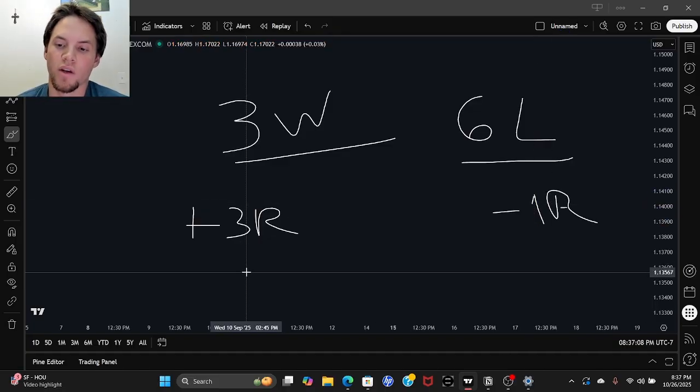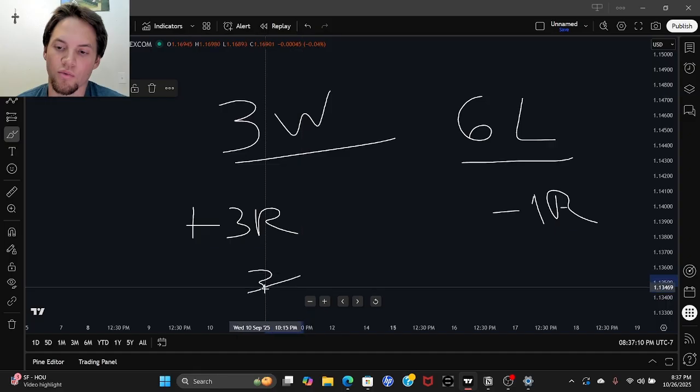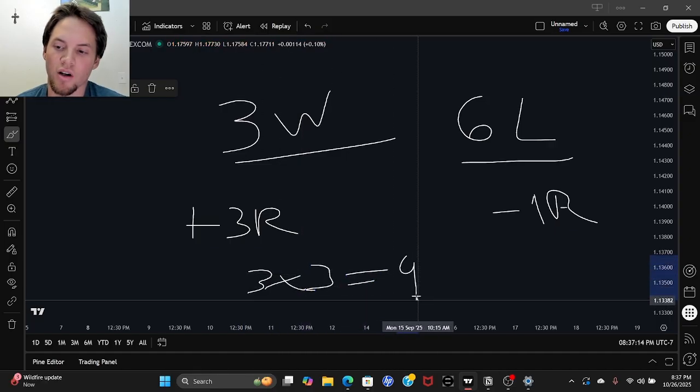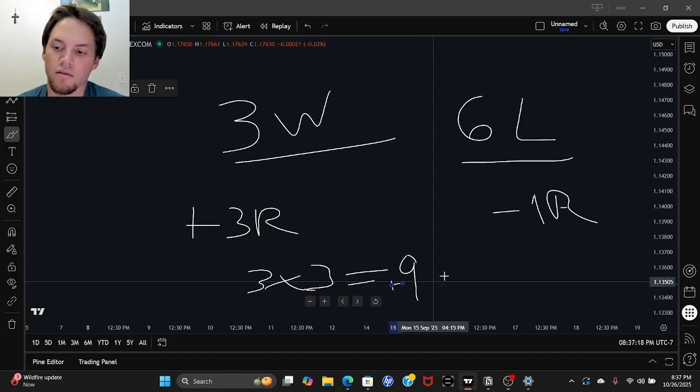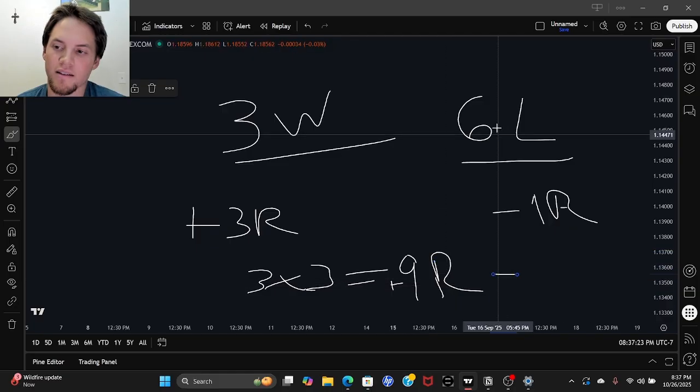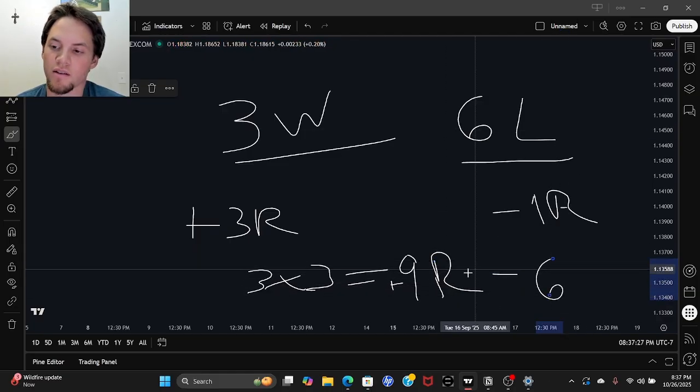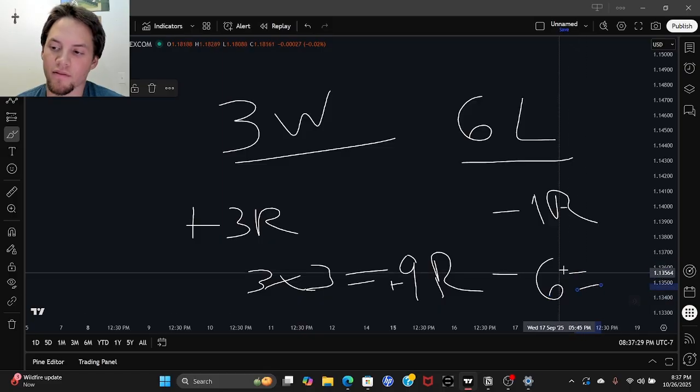So we can see we had 3 wins, so 3 times 3 is 9, so we're up 9 units of risk, minus 6, because every time we lose, we only lose 1 unit of risk, which leaves us with a net profit of 3 units of risk.